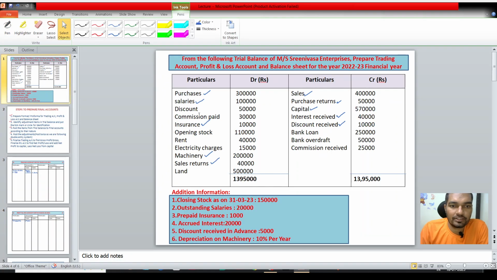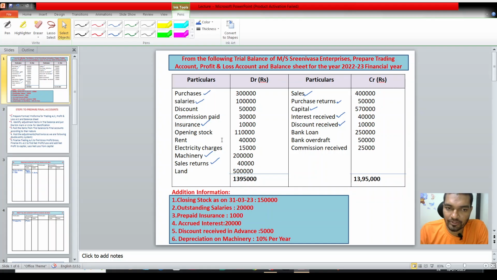The third one is discount. Whenever discount is given on the debit side, it is called discount paid or discount allowed. Any item shown on the debit side is usually considered an expense, a loss, or even an asset.